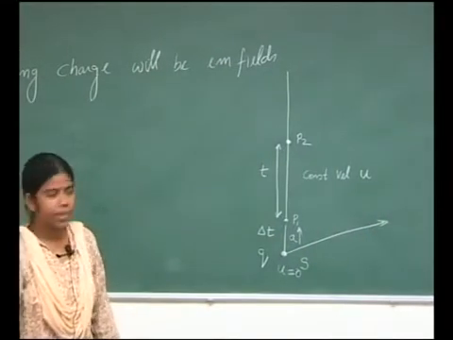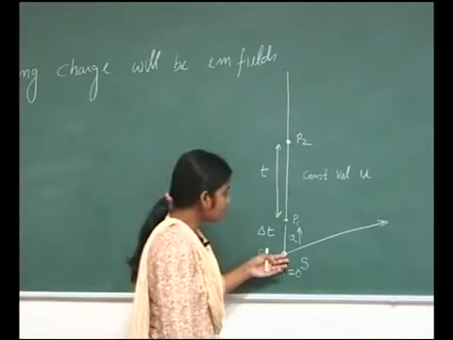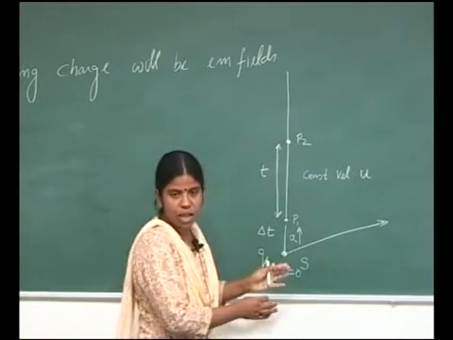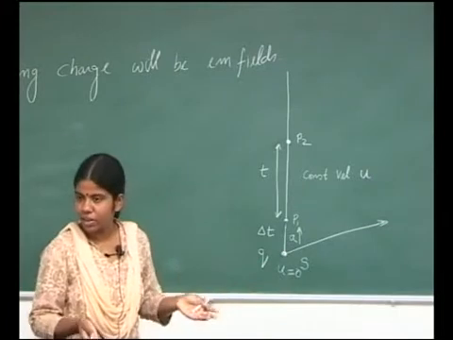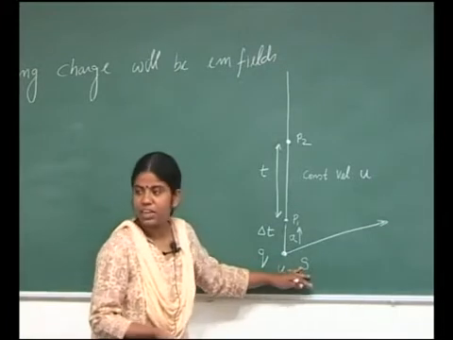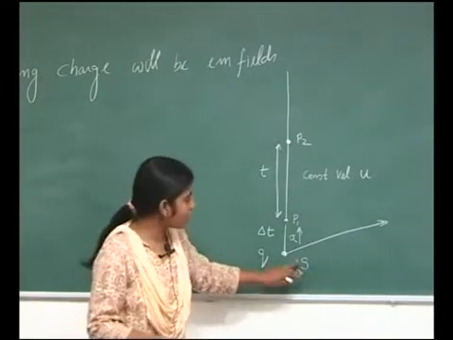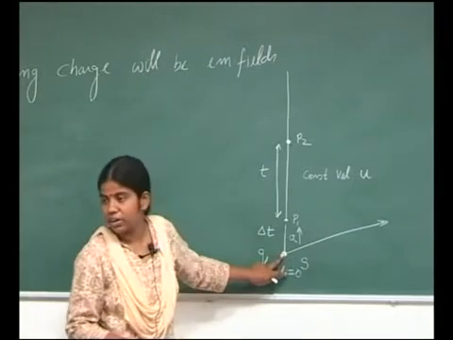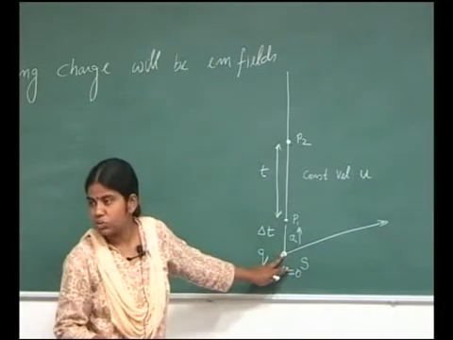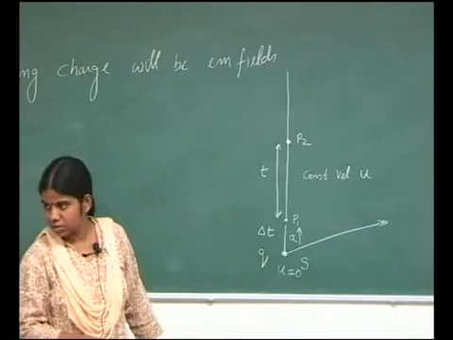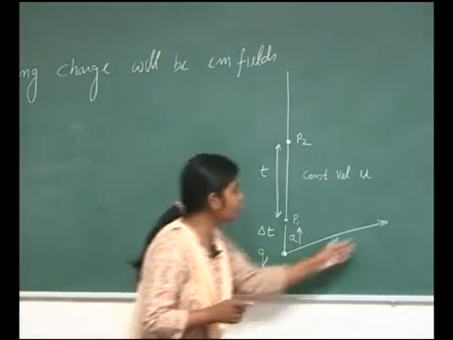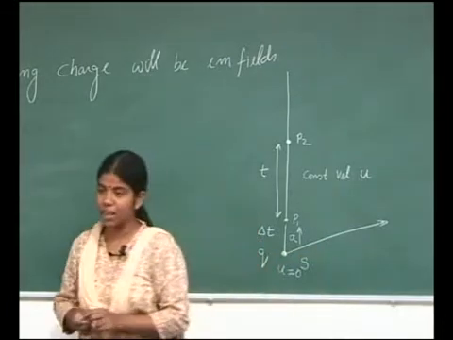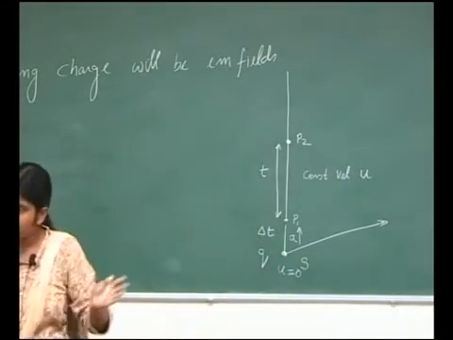Now I can say that around this charge there is a sphere, and this sphere has a radius c into t plus delta t. I am assuming that these electric fields are moving with the speed of light, in all directions.